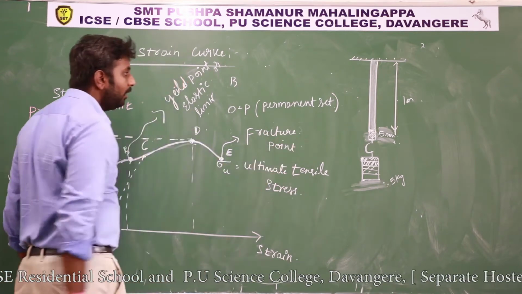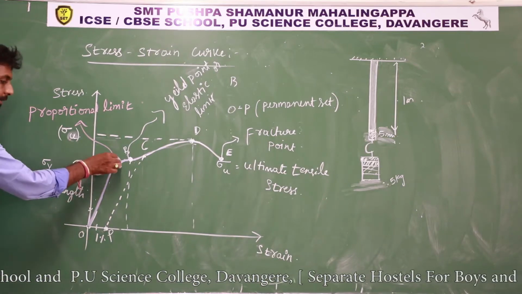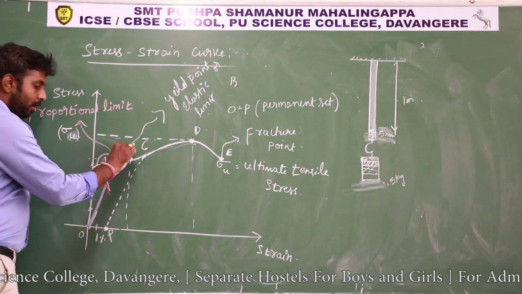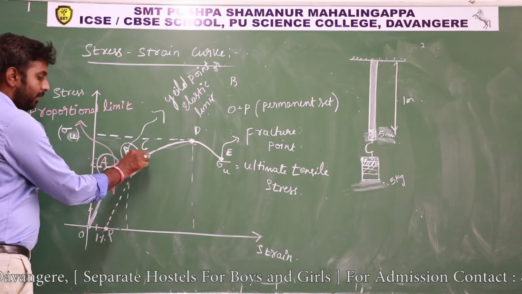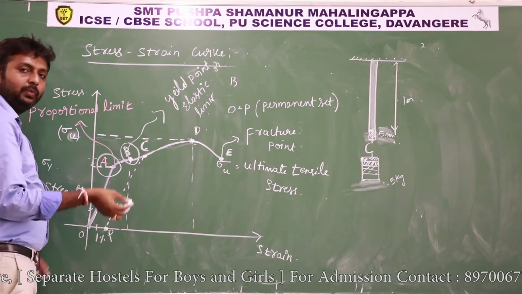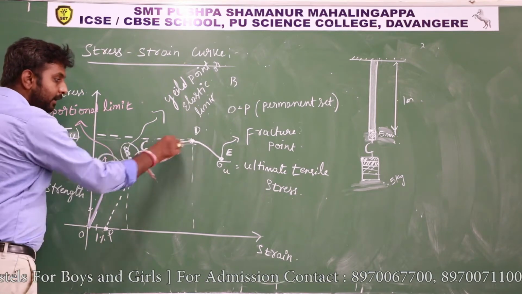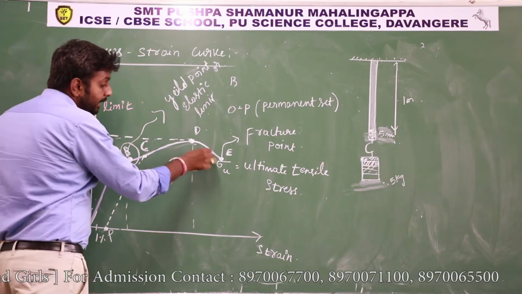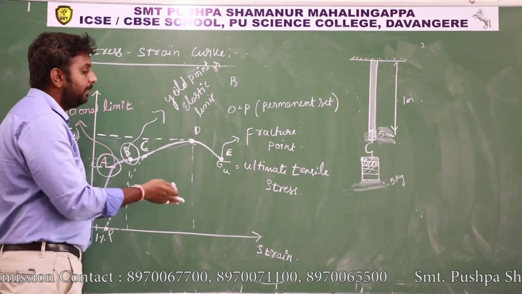So here what you have to remember is what happens at the proportional limit, then what the yield point is, what happens at point C if you remove the load, what is happening from B to D, and then from D to E.